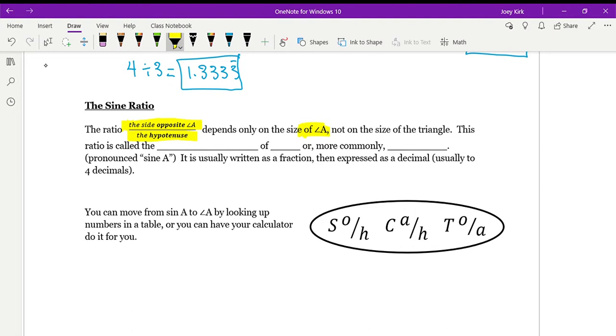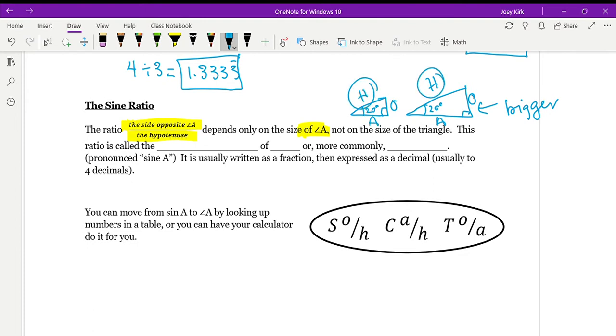Doesn't matter how big your triangle is. You could have a little triangle with an angle of 20 degrees, or you could have a gigantic triangle with the angle of 20 degrees. And looking at these, you can see that this one's bigger, right? But opposite, hypotenuse, adjacent, opposite, hypotenuse, adjacent. So you would know that this hypotenuse compared to this hypotenuse, that one's probably longer, right?